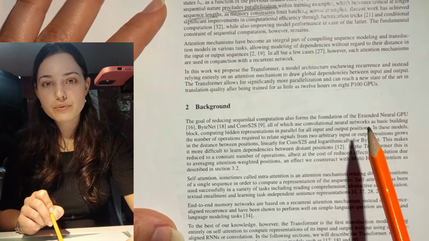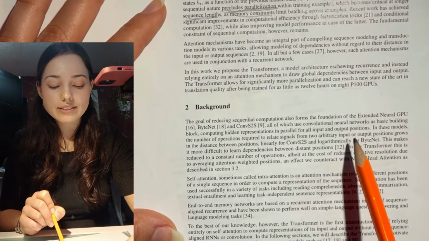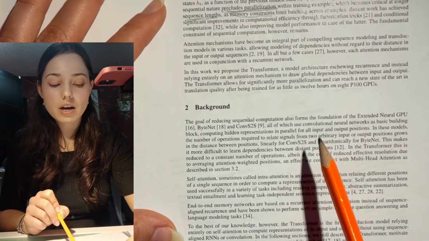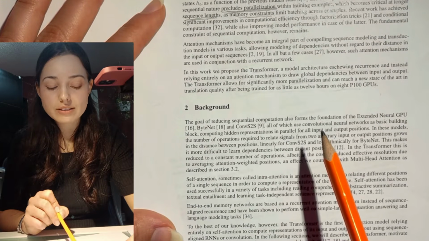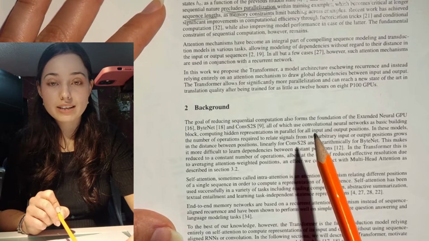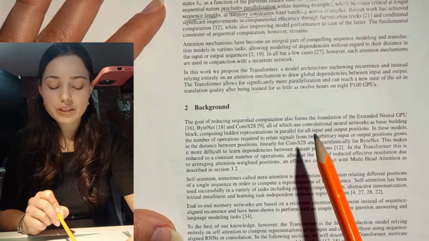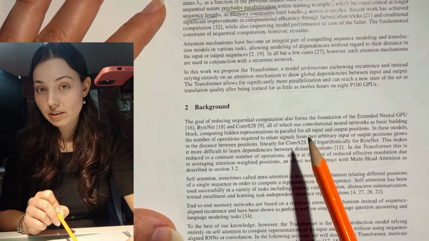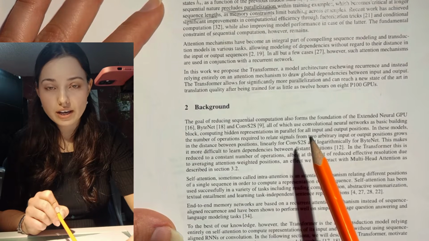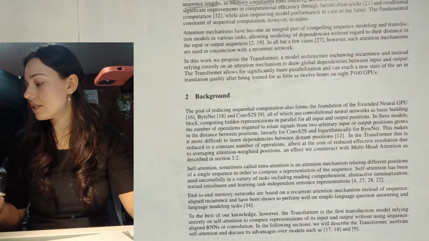So now they're reviewing the literature, and they're letting us know that this problem of reducing the sequential computation common in recurrent neural networks has been targeted already with convolutional neural networks, because in a way they are more parallelizable because they don't occur in sequence.